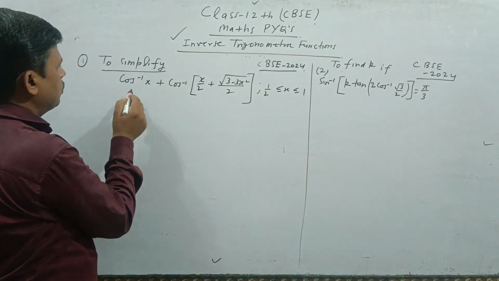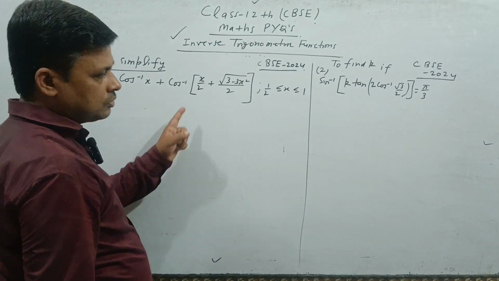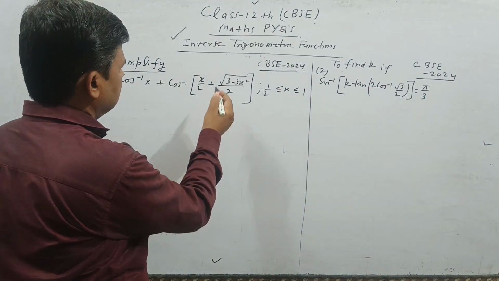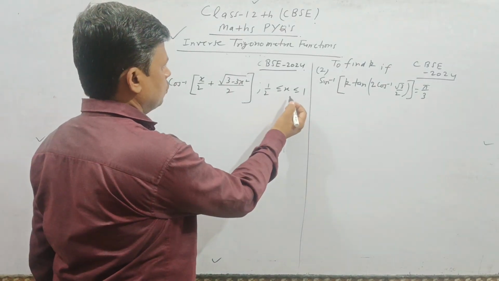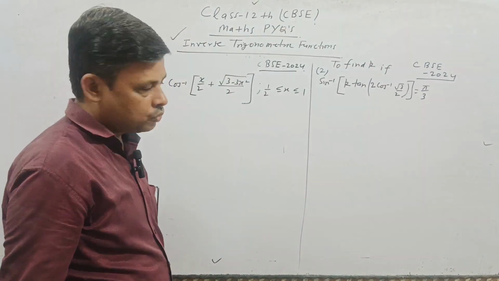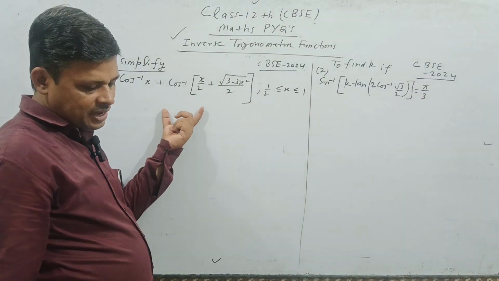We have to simplify cos inverse x plus cos inverse of (x by 2 plus root 3 minus 3x square by 2), when x is greater or equal to 1 by 2 and less or equal to 1. So, how to simplify it?